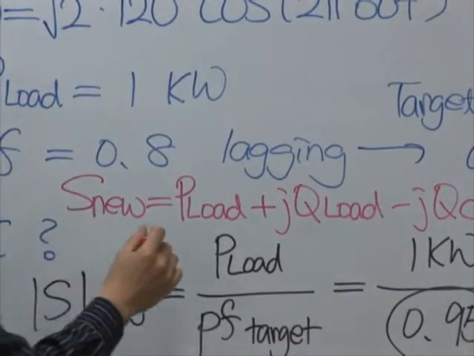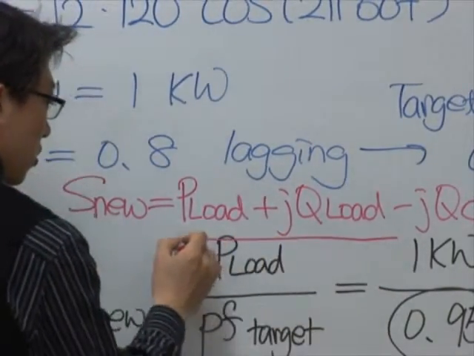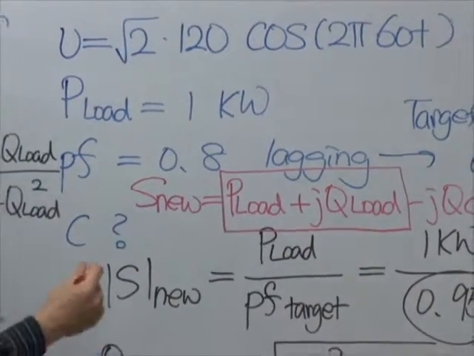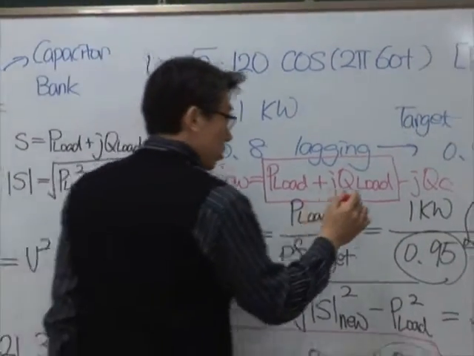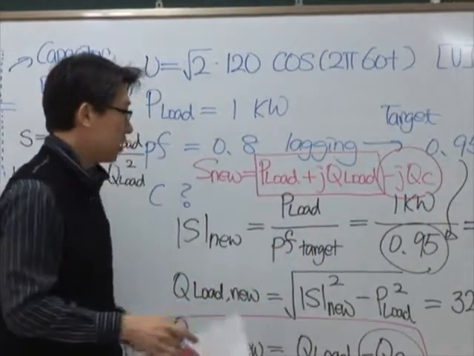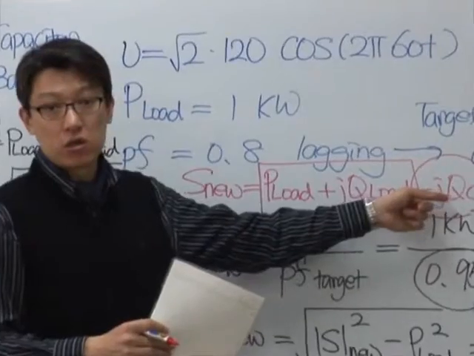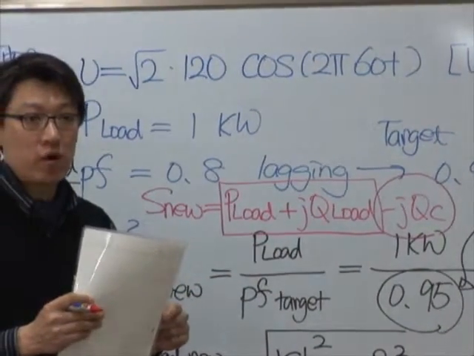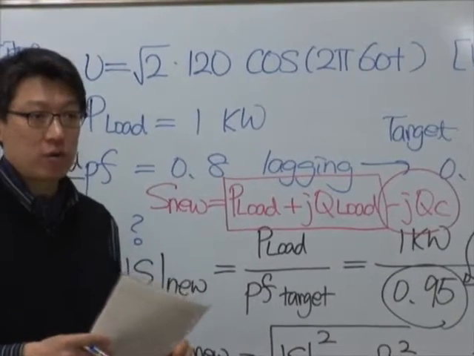Before you add the capacitor bank, we had this much, okay? And after you add this, actually subtracting, you are subtracting this jQC. So power is conserved. Same for active power and reactive power.